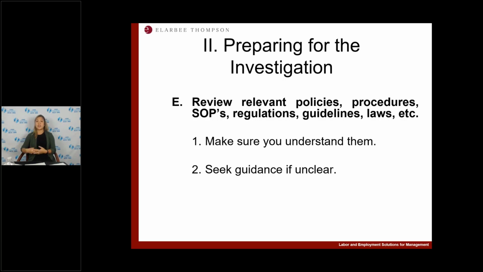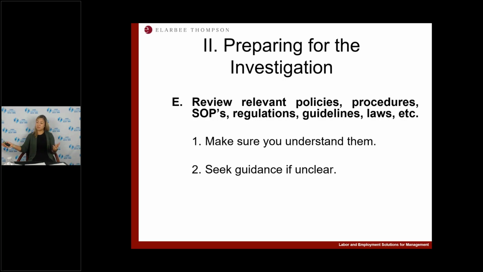So if someone, for example, is alleging, well, the director of the department never responds to my emails, and it turns out under the standard operating procedures, they're supposed to go to their manager first and then the director, that means that under the procedures, the director is acting appropriately.